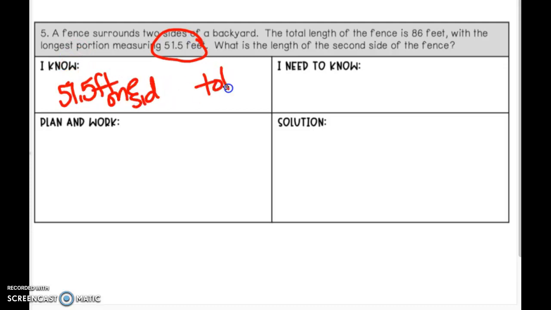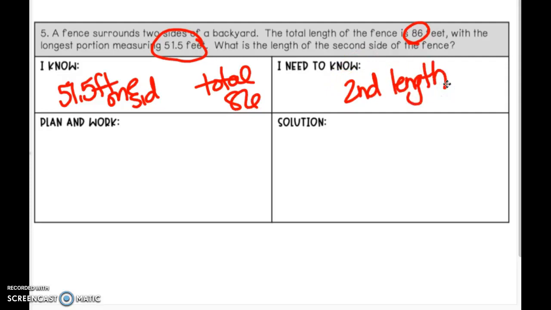And we know the total is 86 feet. What are we looking for? The second length. Okay, so two sides, okay? Side 1 plus side 2 equals 86. One side is 51.5 feet, plus we don't know what the second side is.